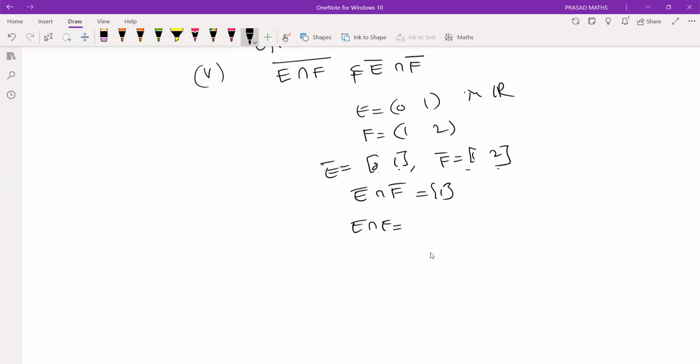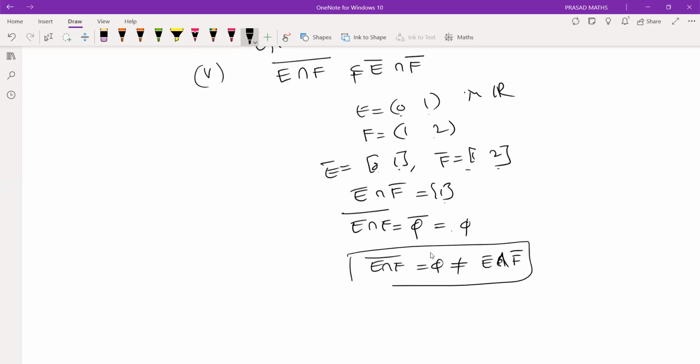The intersection of these two is {1}. But the intersection of E and F, (0, 1) with (1, 2), is empty, so its closure is empty. Therefore, the closure of E intersection F is empty, which is not equal to E closure intersection F closure. So the inclusion is proper and equality may not hold. Yes or no? Is it clear?